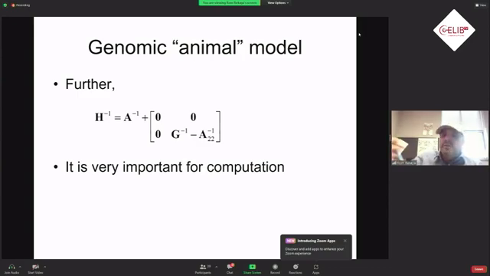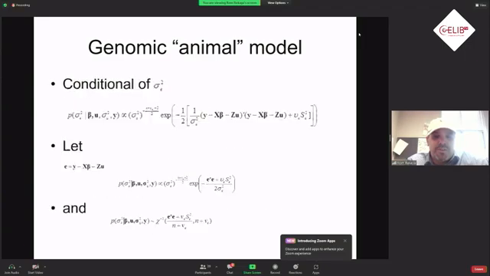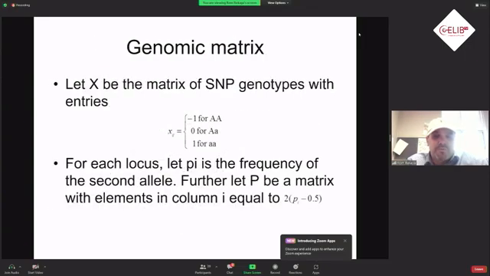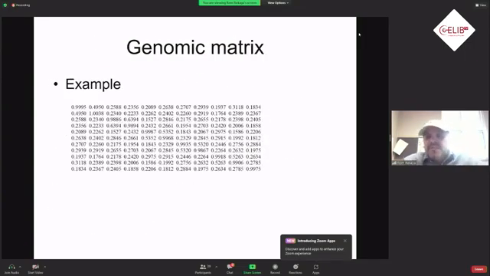If you compute the matrix G, let me show you an example. I hope I didn't erase it. This is a G matrix between about 10 animals. I just put it together to show you how it looks. You don't see any element that is zero.